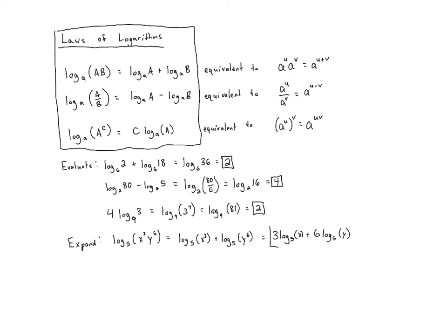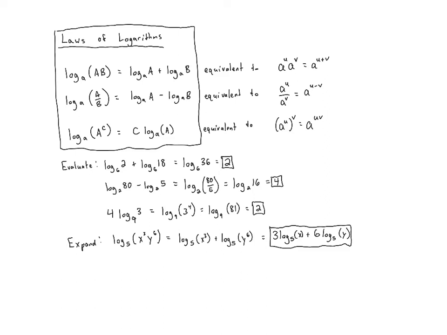There might be situations where it's important for us to have the logarithms being as simple as possible with the least amount of things inside of them instead of a complicated expression in there. So in this case, we can use the laws of logarithms to expand a logarithmic expression.